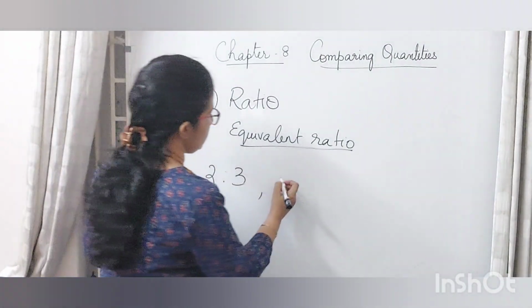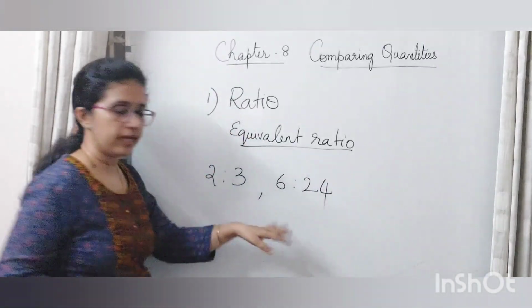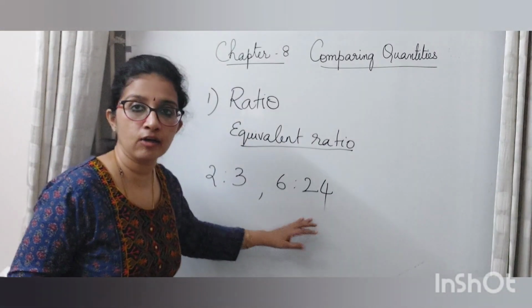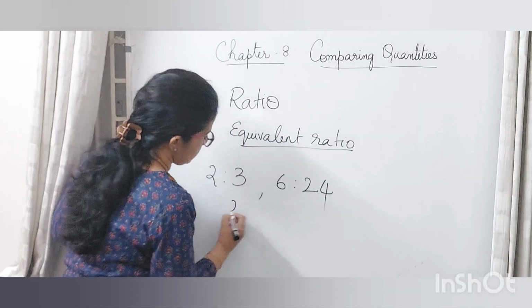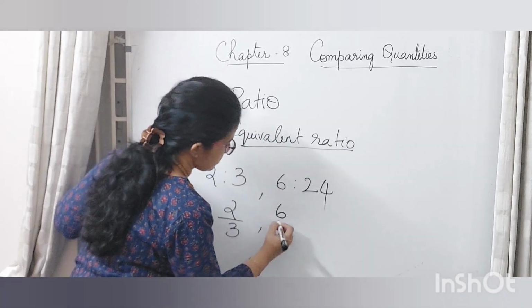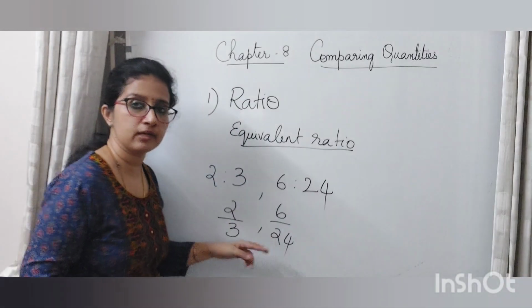2 is to 3 and 6 is to 24. So if you take these two ratios, how will you find whether these two are equivalent or not? See, first again, write this in its fractional form, 2 by 3 and 6 by 24. How can you reduce this 6 by 24?